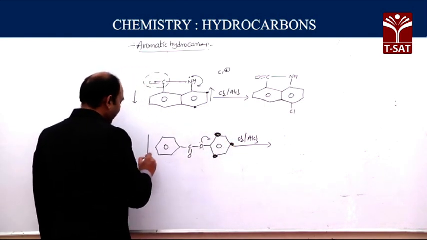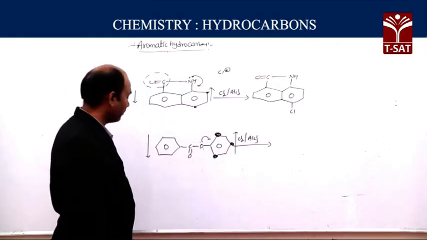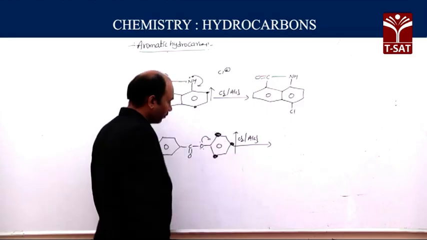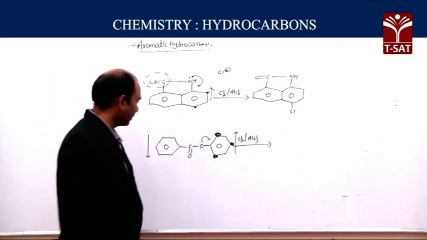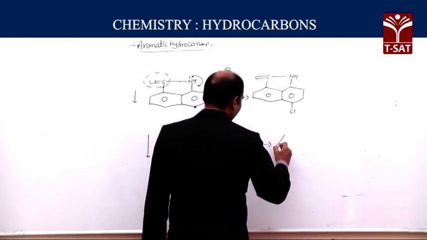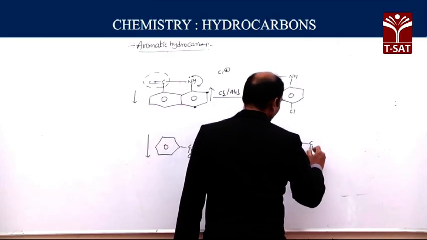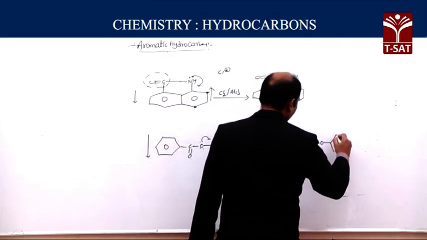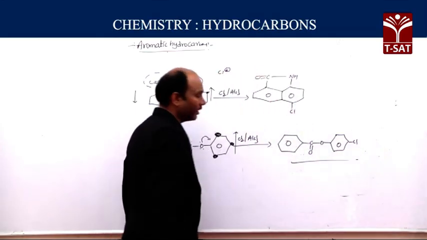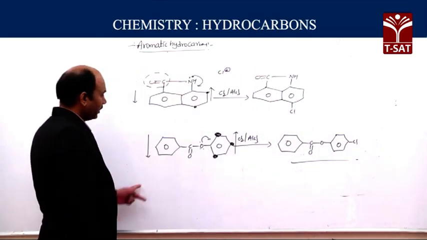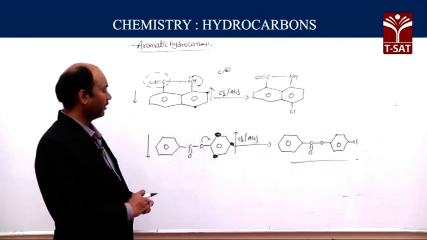Here this is a deactivating group and this is an activating group, which increases electron density at the ortho and para positions. At the ortho position steric hindrance is more, therefore the minor product is formed. The Cl+ attacks at the para position, and this compound is formed. This is the major product. So the activating and deactivating groups are very important.